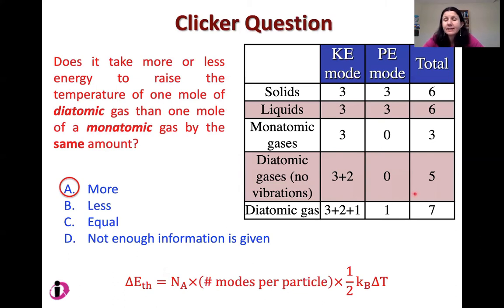And for diatomic gases, whether vibrational modes are active or not, you have more modes: either 5 or 7 versus 3. So to have the same delta T, you will have to add more energy, a bigger change in E thermal. Going back to the rain gauge analogy, if you want to fill up each bucket by the same amount, you would need more rain when you have more buckets.